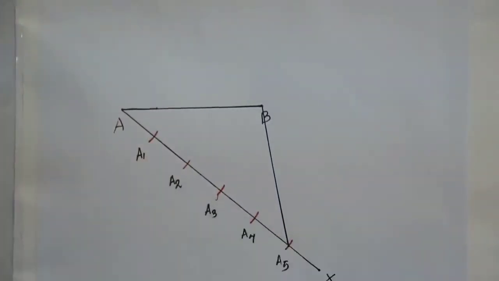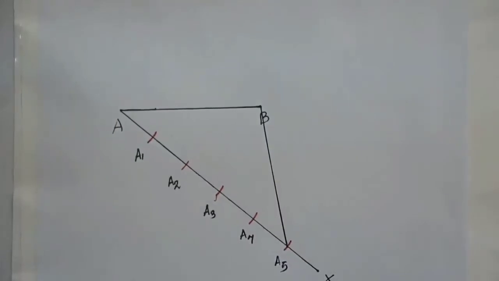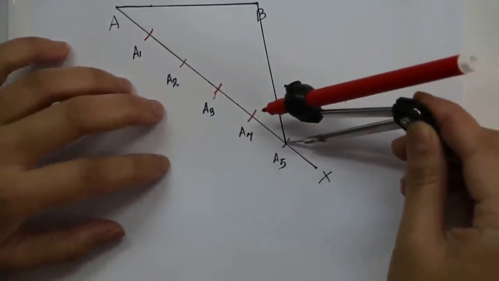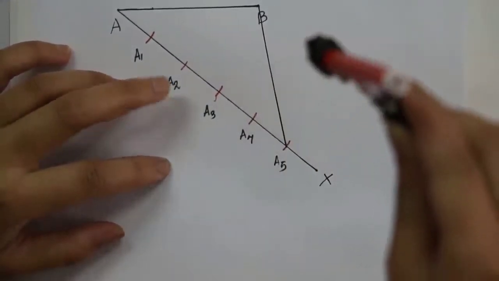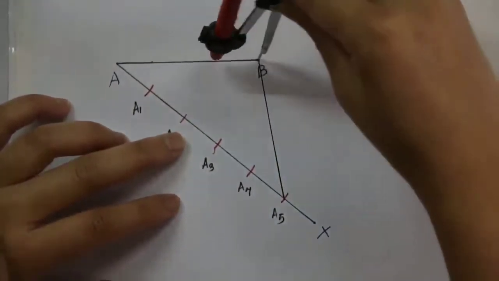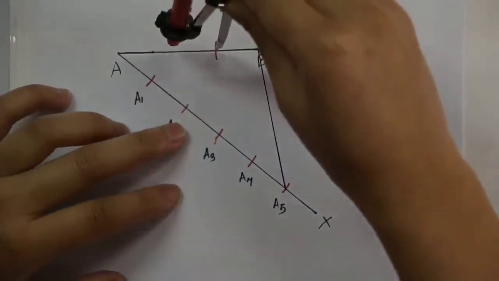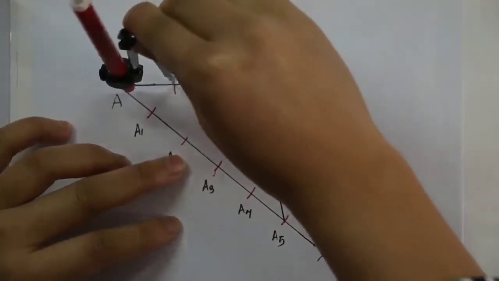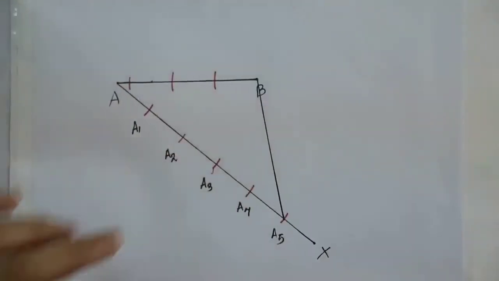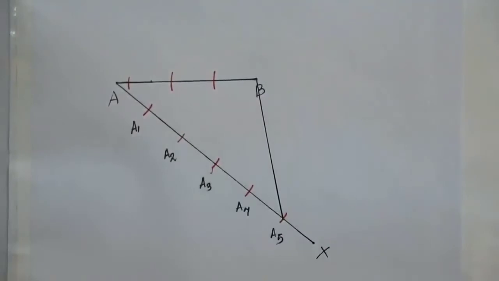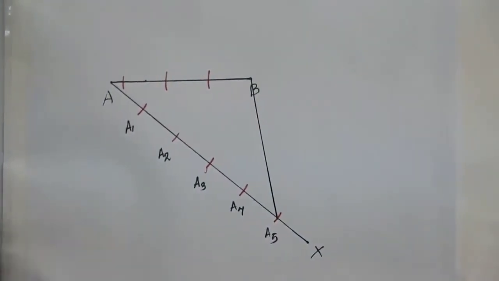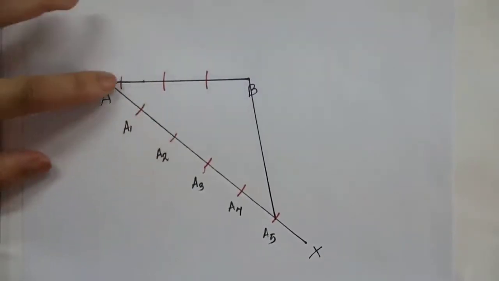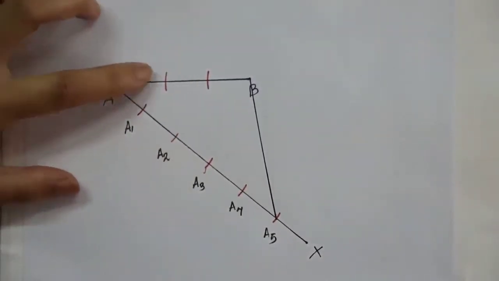To make it parallel, the same arc length that I have used to cut these points, you cut from B. Suppose this one is your A1, this one is your A2.